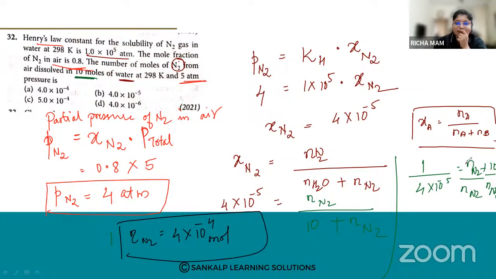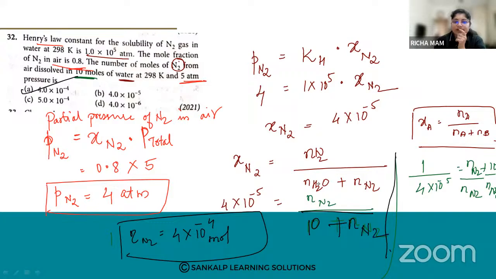Okay, so simple calculation. We have just multiplied, and this is option number A. It is just simple mathematics; we have just rearranged it.